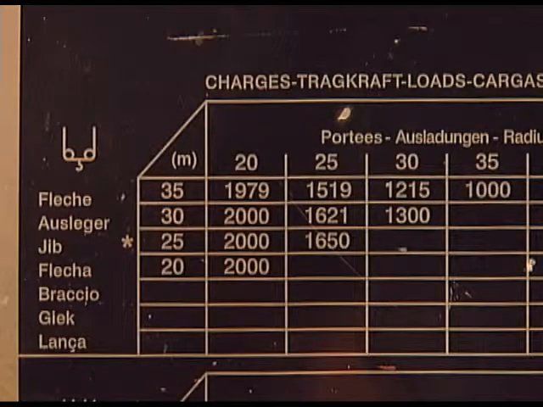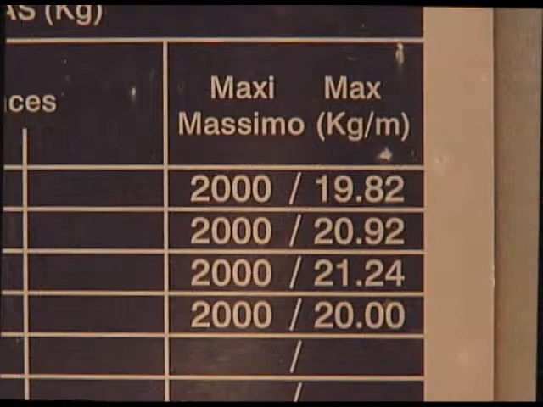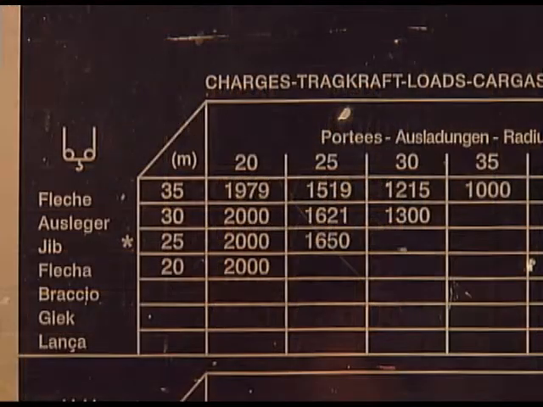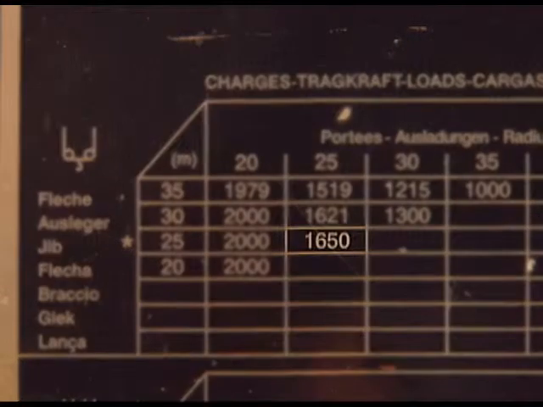Load and reaches chart. Chart or table that shows the loads the crane can handle at each hook position. Maximum load. The maximum amount of weight that can be lifted by the crane at its minimum reach. Load at jib end. The maximum amount of weight that can be lifted by the crane at jib end.